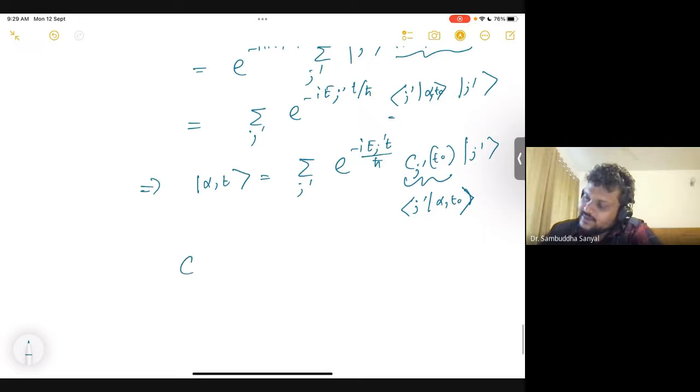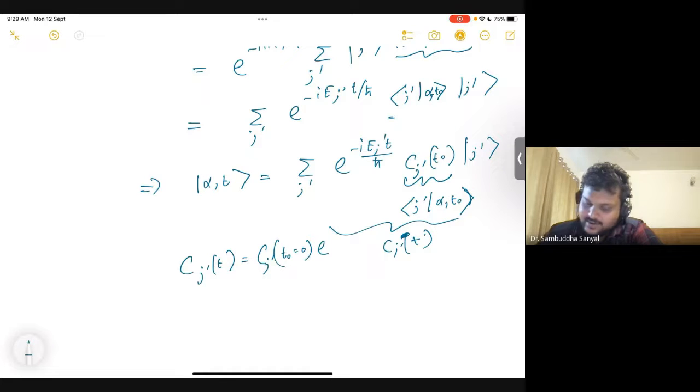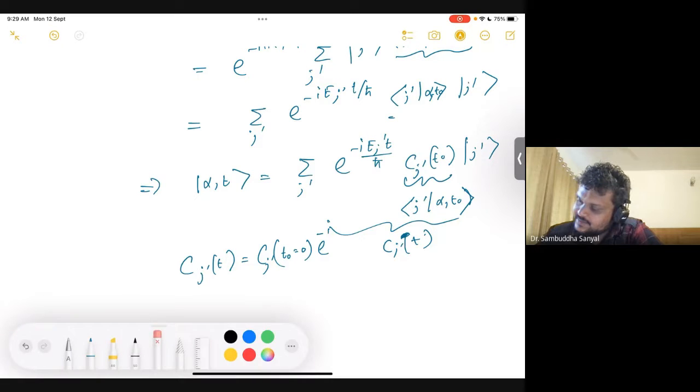So now I know the relation. So this whole thing is Cj prime t. Cj prime t is Cj prime t naught equal to 0 times e to the power minus i. So let me remove this.